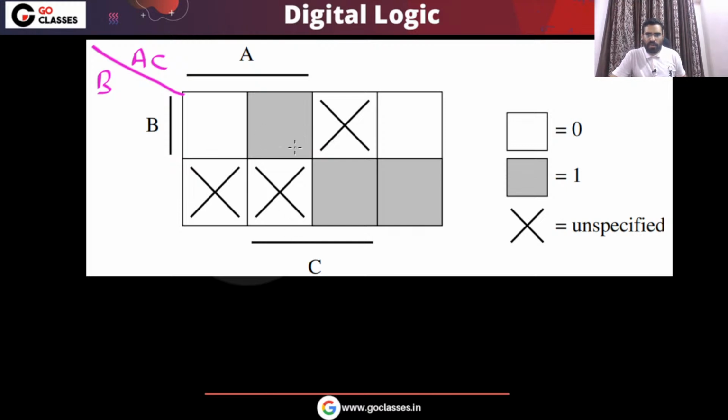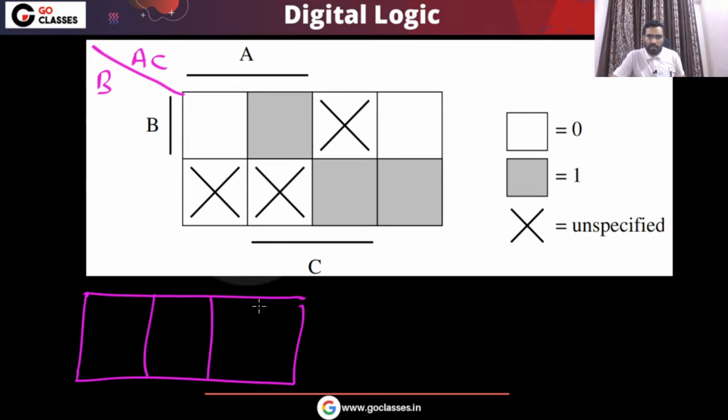If you notice this K-map, it is the same as this. This K-map is the same as A, comma, C, comma, B. And what encoding is given to you? 1, 0. Remember, the coding that is given to you is like this.